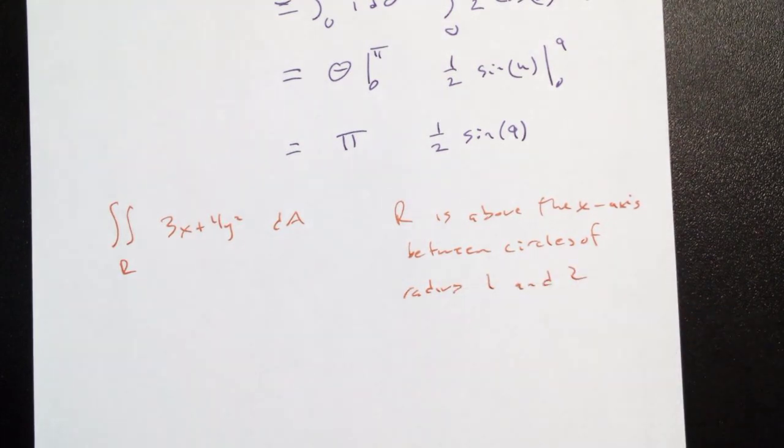this, by the way, is the arch we were dealing with at the very beginning of class, the arch between the circle of radius 1 and the circle of radius 2. What's my polar description for R?